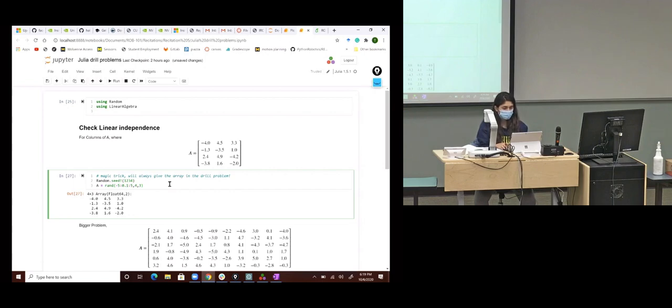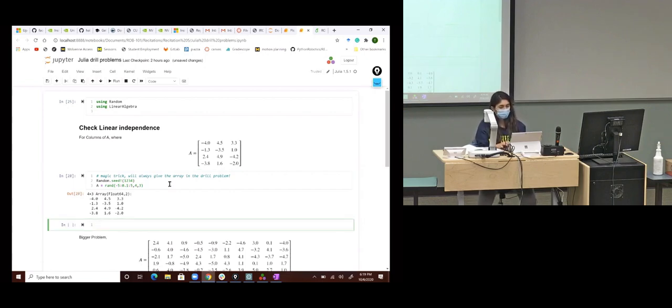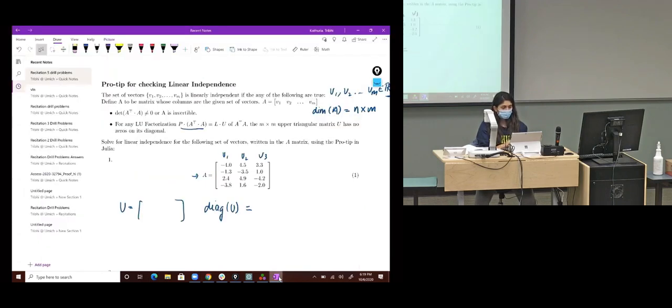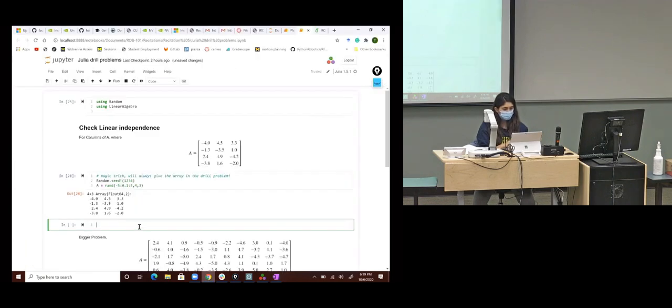So let's see. We have this, and I want to check if the columns of the A matrix are linearly independent. From our theory, we know that the way to do that is to get the LU factorization of A transpose A. So let's do that.